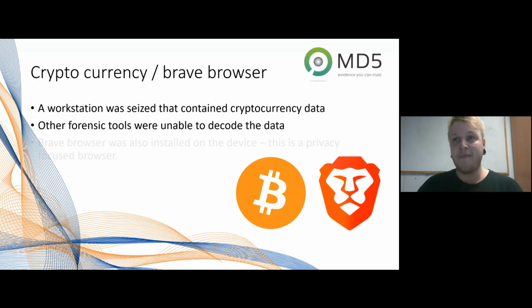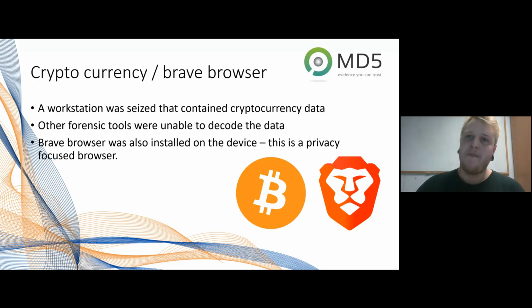So the second part of this case study involves Brave Browser. Brave Browser was also installed on this device. If you don't know what Brave Browser is, it's notoriously anti-forensic. It's a privacy-focused browser where it blocks advertisements and web trackers as part of its default settings.